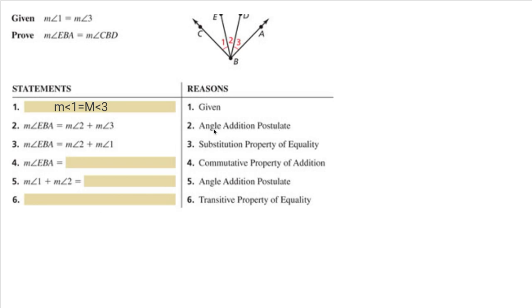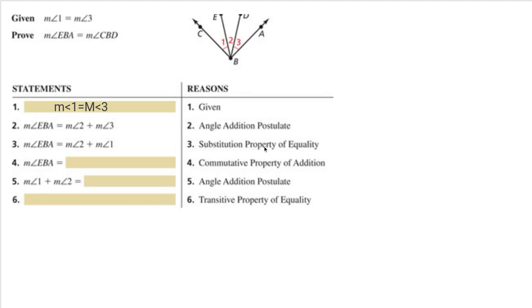So that just means angles adding together make a bigger angle. A postulate is just a given. Which means that angle EBA is the measure of 2, again, but we can say plus 3. Instead of plus 3, we can say plus the measure of 1 because they're equal to each other. So I substituted 3 for 1.